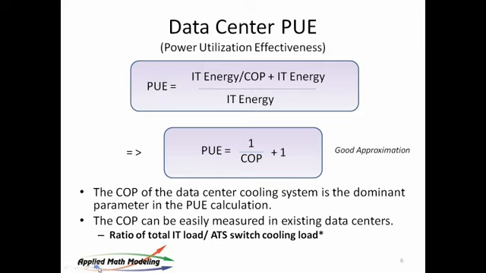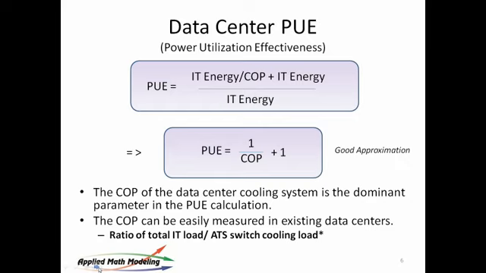If you look at the dominant parameters in the PUE metric, you find that COP is the dominant one, and that therefore PUE is really the inverse of COP plus 1. The way to think about this is that a good COP would be about 4, which means that it only takes 1 kilowatt to reject 4 kilowatts.